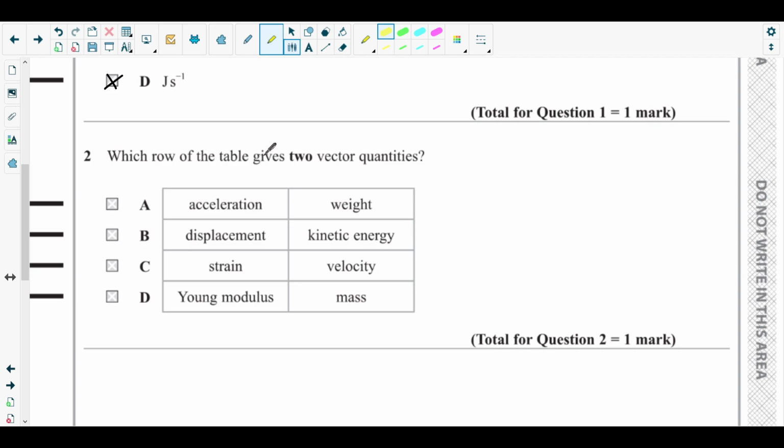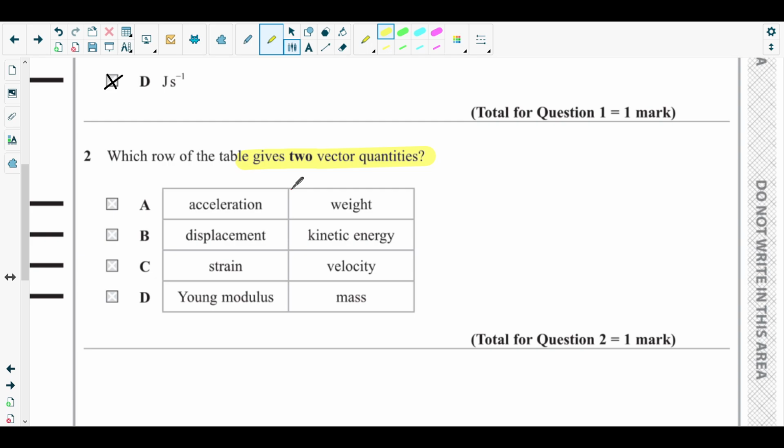Which row of the table gives two vector quantities? A vector quantity is a quantity which requires both magnitude and direction to represent it, right? So which of these rows A, B, C, D shows two vector quantities?